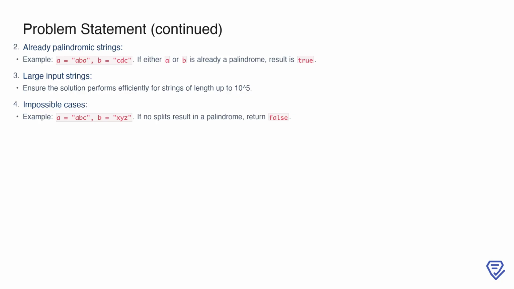Additionally, if either A or B is already a palindrome, the result will also be true, regardless of how they are split. On the other hand, for cases where no split can produce a palindrome, such as A equals ABC and B equals XYZ, the result will be false. Finally, since the input size can be very large, up to 100,000 characters, the solution must be efficient to handle these cases within a reasonable time frame.